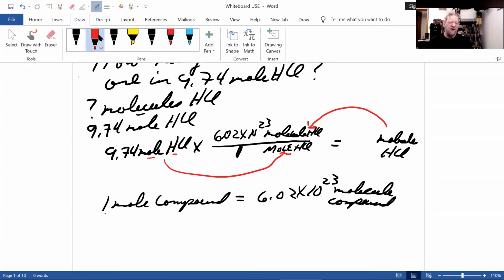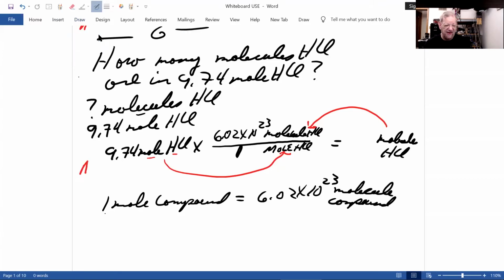Now, before I pick up my pen, my calculator, I'll look at using unit analysis. Remember, anything A divided by A equals the number 1. It cancels out. And here I'll have moles of HCl divided by moles of HCl. So this cancels out, and I'm just left with molecules of HCl, which is what I'm trying to go to. So I will get the correct answer, hopefully.